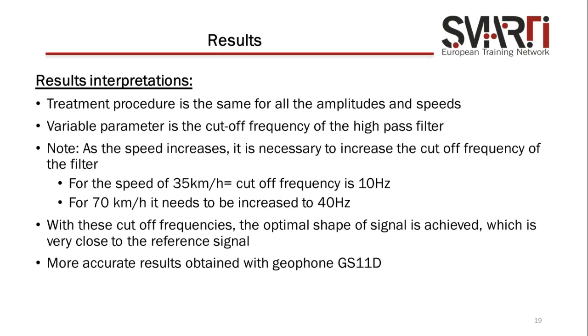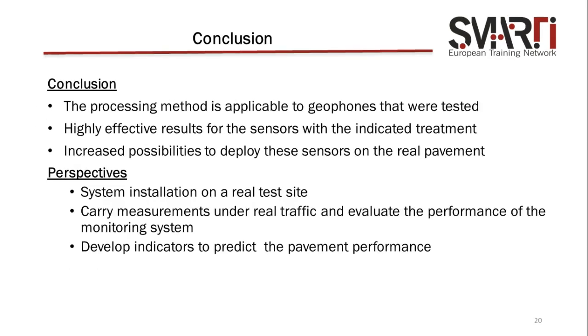So this is the first stage. For the next steps, we have already done test tracks using geophones as well as accelerometers, and although these are not part of this study, they work very well with pavement monitoring systems.